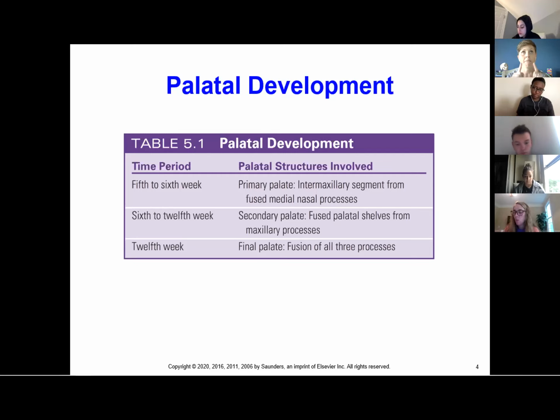So it's basically from the lateral incisors, which are not your front teeth, but the ones directly to the side of those front teeth. From lateral to lateral is your intermaxillary segment from the fused median nasal process. And then from 6th to 12th week, you have a secondary palate, and that's the fusion of the palatal shelf of the maxillary process. And by the 12th week, the palate should be finalized.